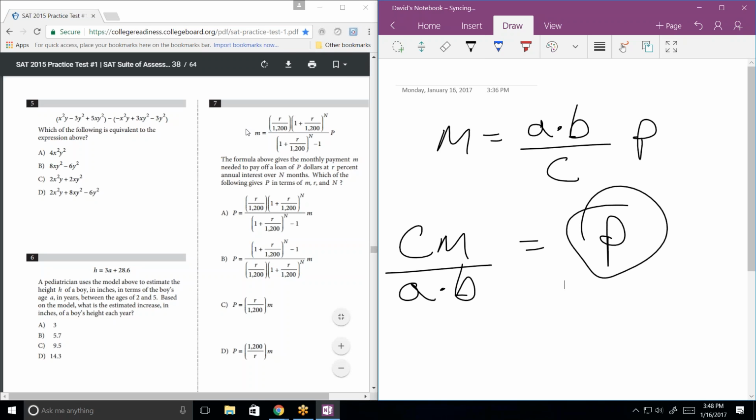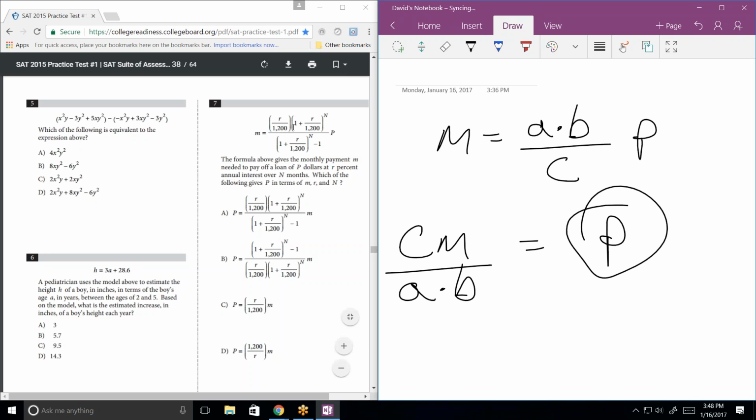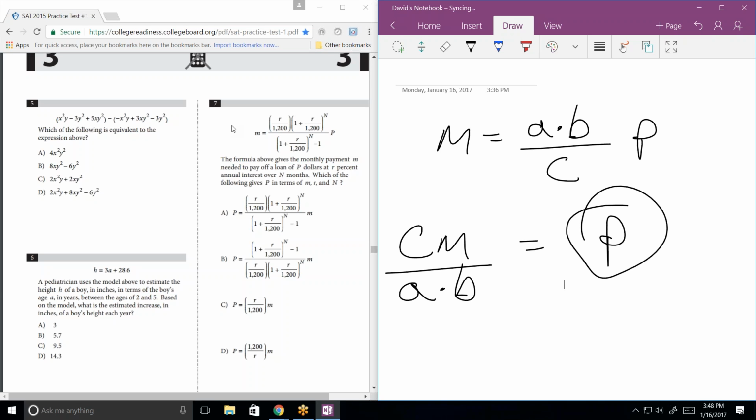A lot of people could spend 5 minutes on this problem going in the wrong direction, which would be to try to multiply everything together and then try to divide it by that. My God, a person could spend 15 minutes trying to do that. And the only reason you would ever do that is if you forgot to look at the answers.